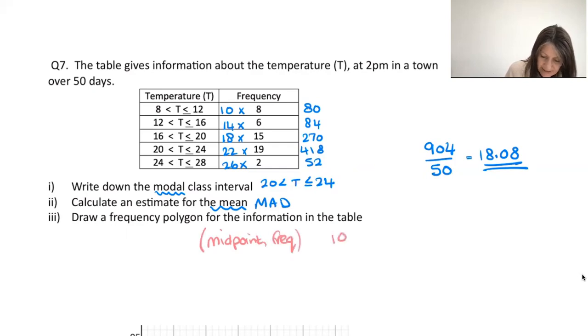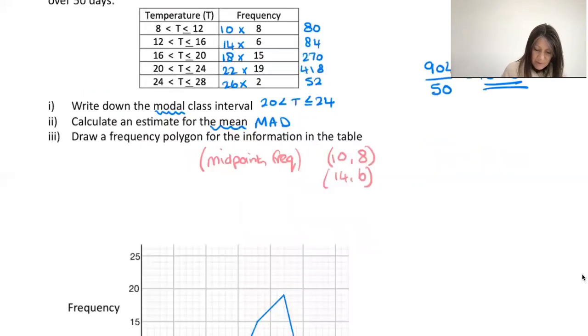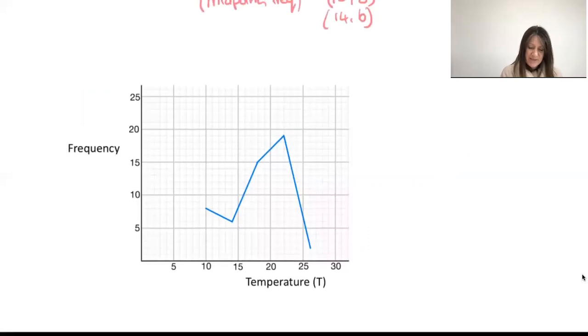So you've got 10 and 8, you've got 14 and 6. Your midpoints are there and your frequencies are there. So those are going to become your coordinates. And when you plot them, you would end up with something that looks like that. So if you got that right, really, really well done.